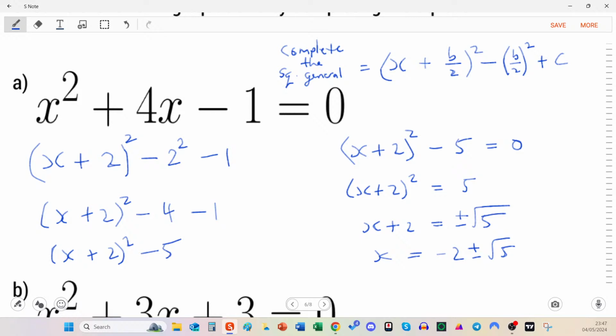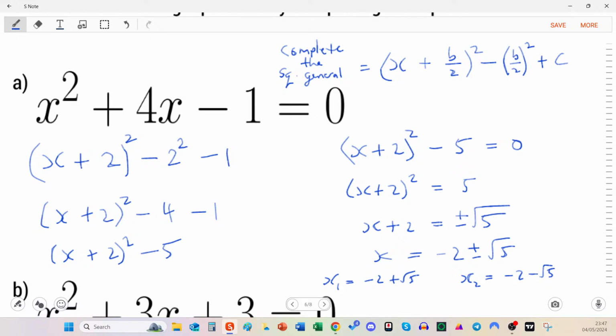So we have 2 solutions now. One where x is -2 plus root 5. And the other one, let's write that again, -2 minus root 5. Actually quite nice. And if you compare it to the formula from the previous page, it does the same thing, but quicker, neater, less substitution, less bad maths, that sort of thing.